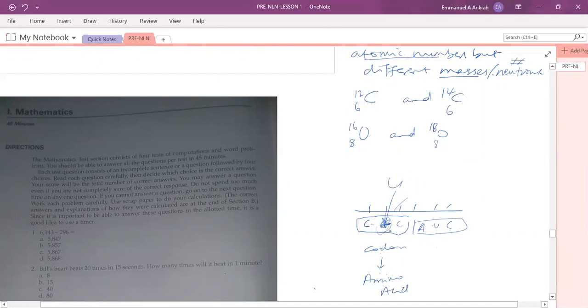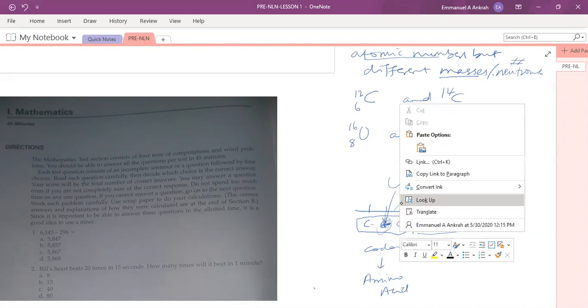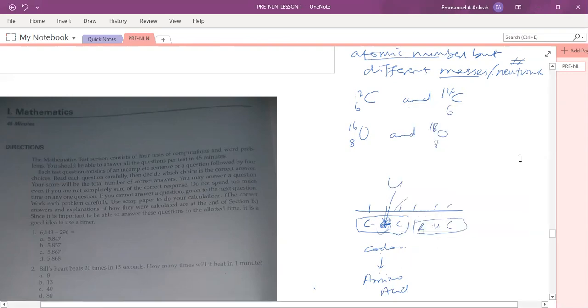You can see UC. And that will be a different amino acid and so on. Okay. So the change begins in the DNA because the DNA has to copy it to the RNA. So anything that happens in the DNA is going to affect the RNA. Okay. So that's why it's A.